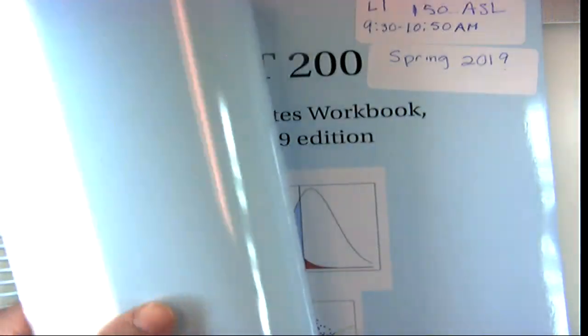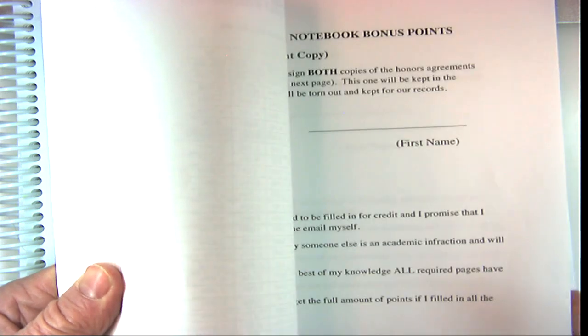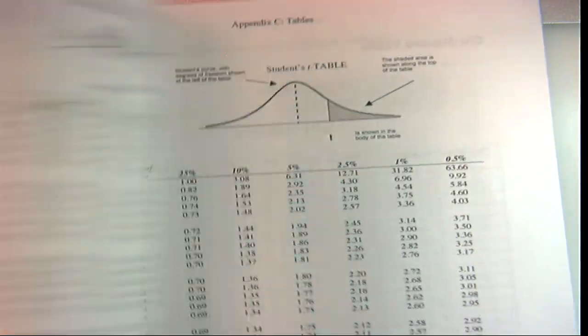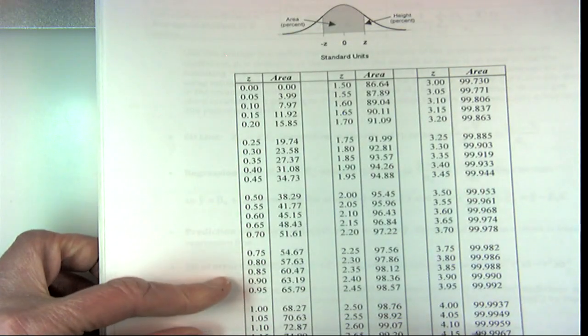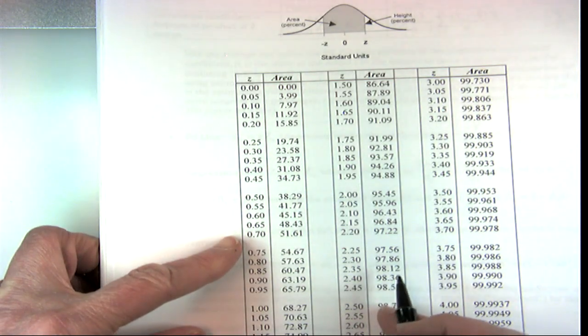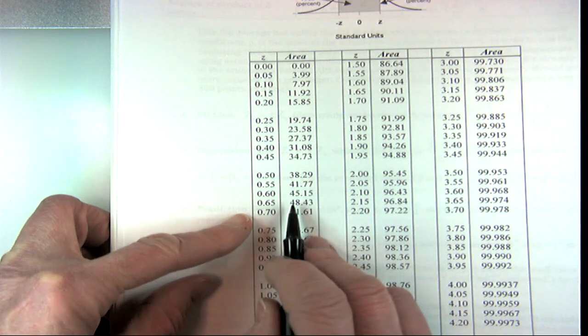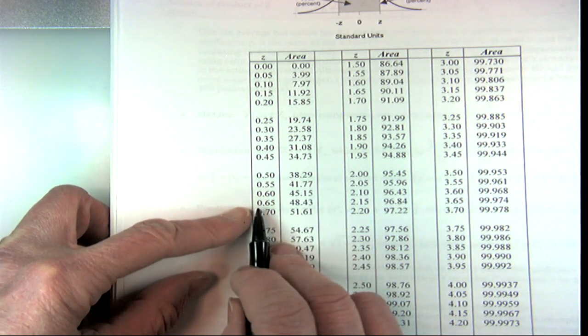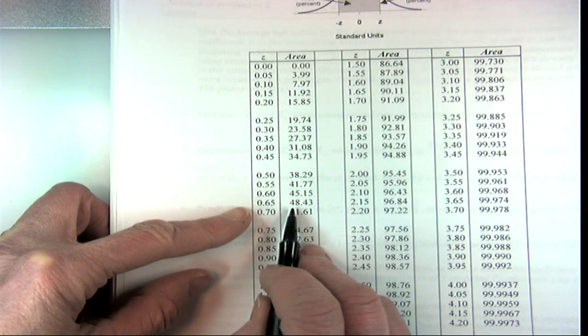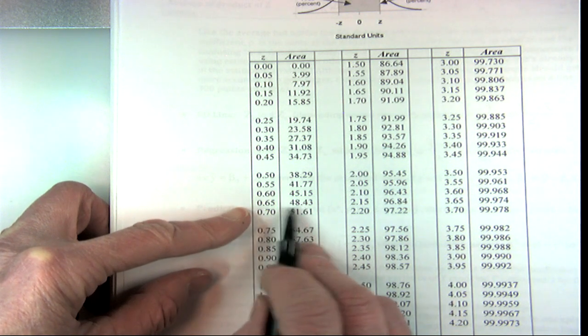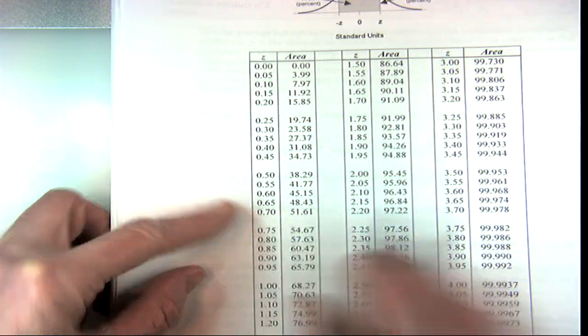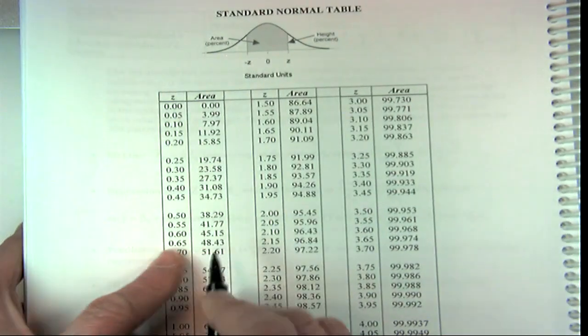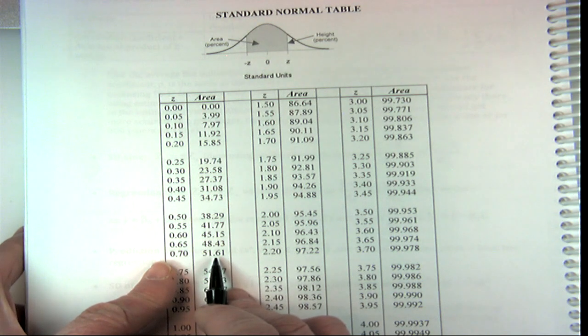So let's see what that middle area is. And 0.67. All right, so it's kind of in between 48 and 51. Let's just estimate. 0.667 is 2/3. Why don't we just say about 50%? Okay, in the middle. Does that make sense to everybody? It's going to be bigger than that one and smaller than that one, right?